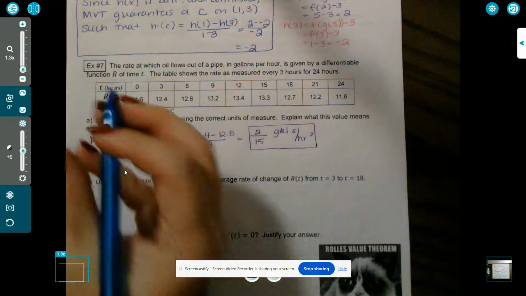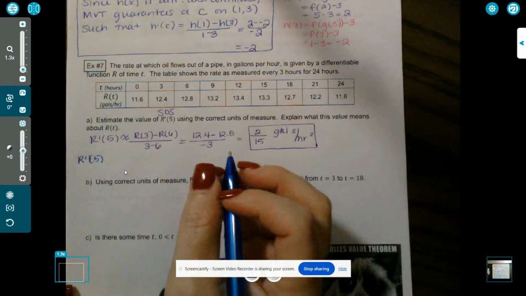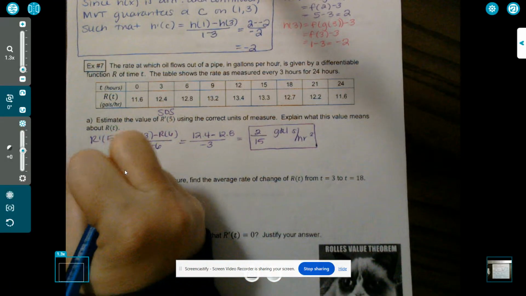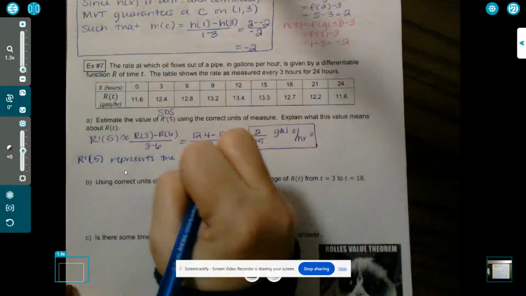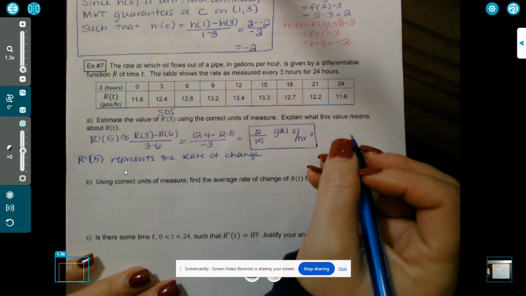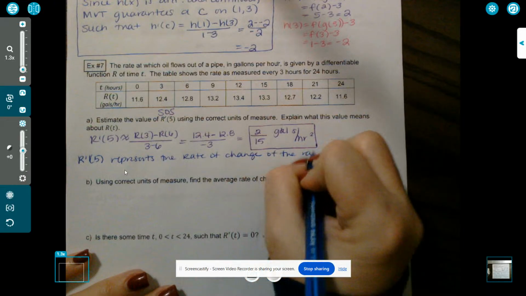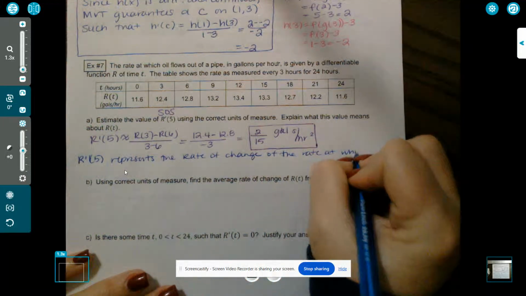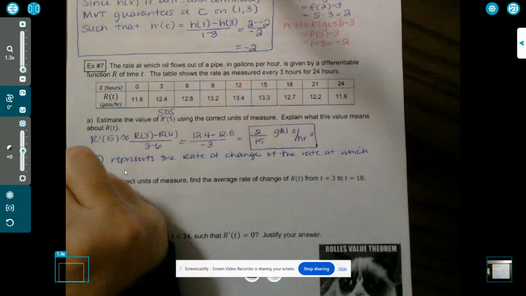All right, so then we know that r prime of 5 represents the rate of change of the rate at which oil flows out of the pipe.